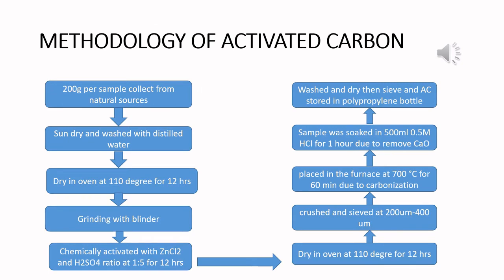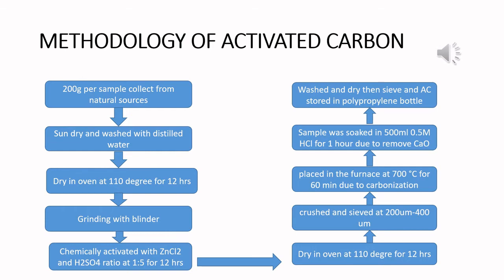Methodology of the activated carbon. First, I collect 200 grams per sample from the natural sources, then sun dry and wash with distilled water, then dry in an oven at 110 degrees centigrade for 12 hours, then grind with a blender or mortar and pestle, and then chemically activate with zinc chloride and sulfuric acid at a ratio of 1:5 for 12 hours, then dry in the oven again at 110 degrees centigrade for 12 hours, then crush and sieve at 200 micrometer to 400 micrometer, then place in the furnace at 700 degrees centigrade for 60 minutes for the carbonization of the raw materials.